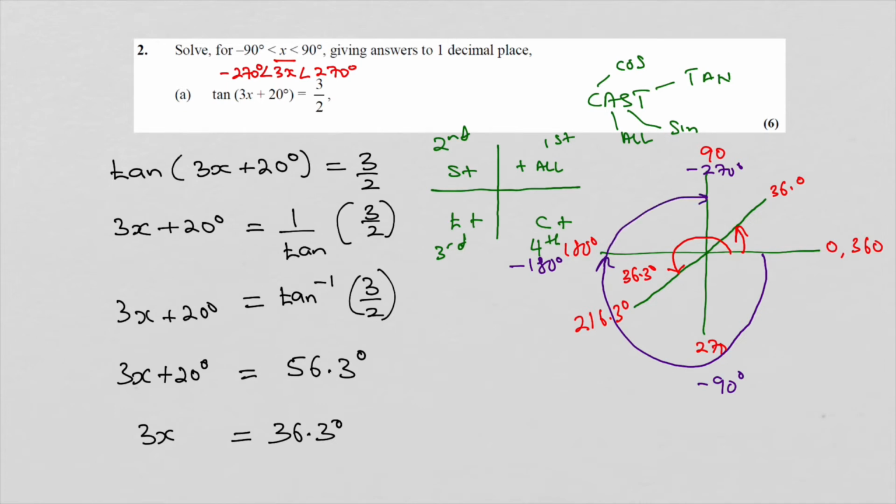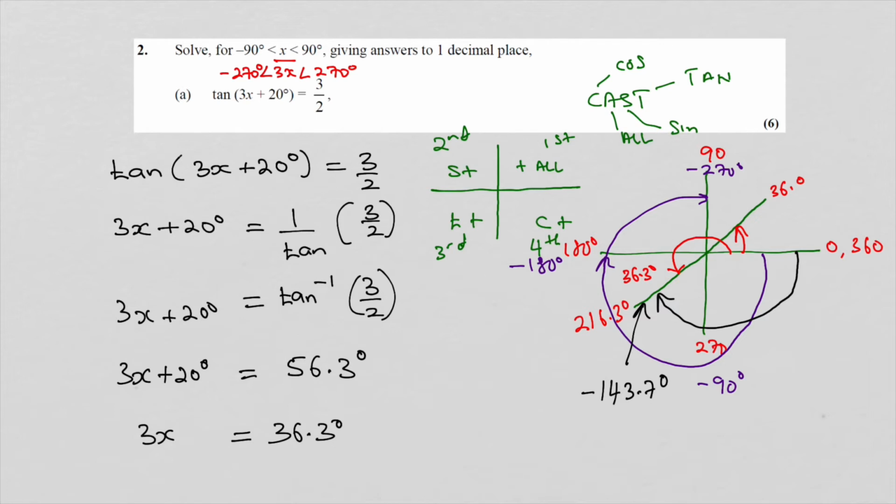But what we need, we don't need that. What we need is, we need to go from there all the way to there. So that's what we need. 180 minus 36.3. So this angle here will be minus 143.7 degrees. So those are the values we need.